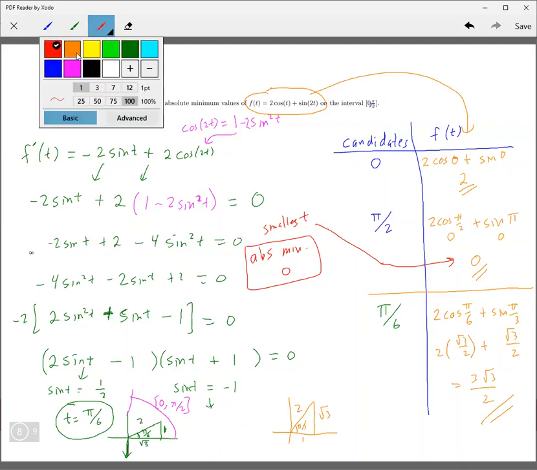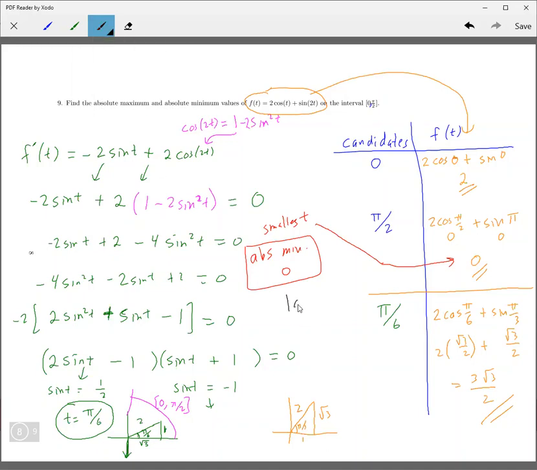And then we have the question of which is the largest. It turns out this is a little bit larger than 2.